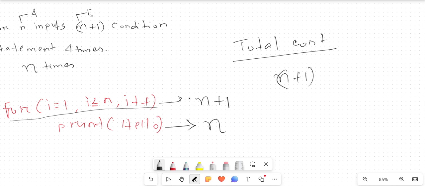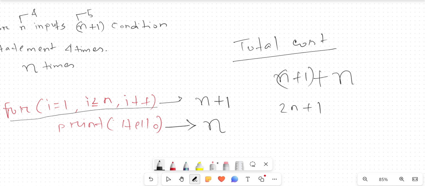You can multiply by c as well, which is not mandatory, and I'm not going to do this, but you can write c times n plus c, or c into n plus 1, cn. N plus 1 for the first line, and my second line ran n times, which means 2n plus 1 times.